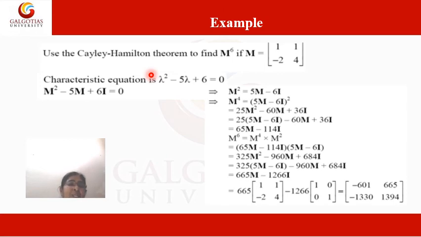Again substituting the value of M^2 and solving out, I will get 665M - 1266I. Now substituting the values of M and I and solving it out, I will get the matrix of order 2 with these entries. Clear? So in this way I am able to find M^6, which I had to evaluate.